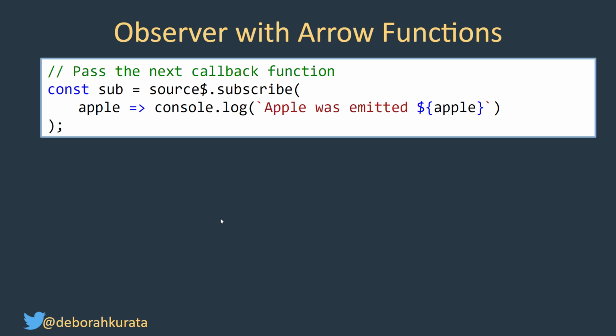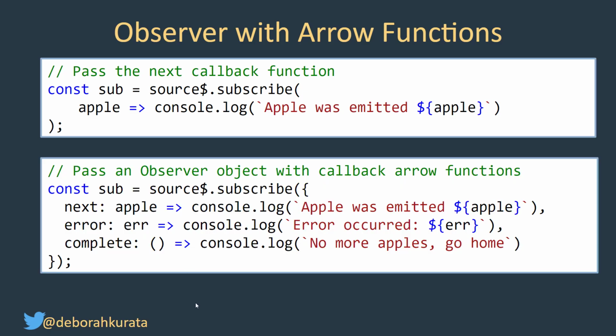So it can either be that next function, or it can be an object with our observer, so our next, error and complete. Now you don't have to have all three of them. In most Angular applications you'll only see next and error frequently. You won't see the complete because there's nothing special that needs to be done on complete for that particular case.